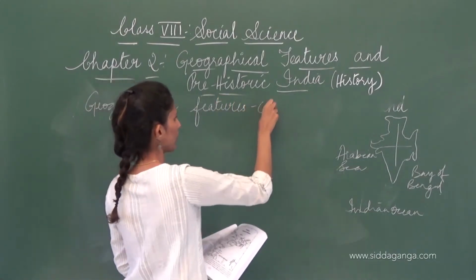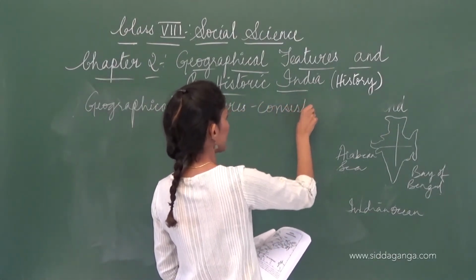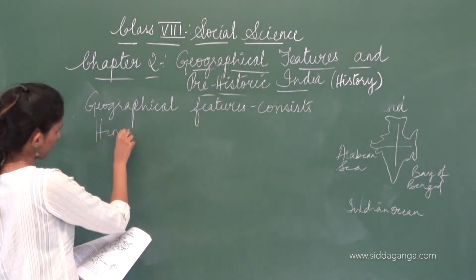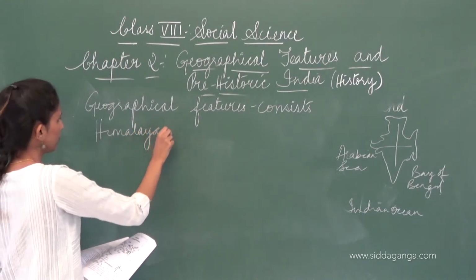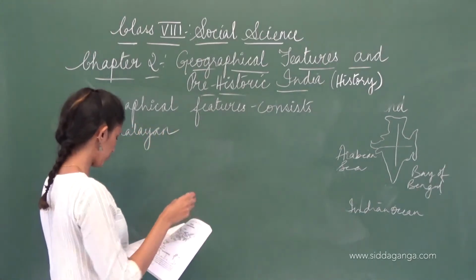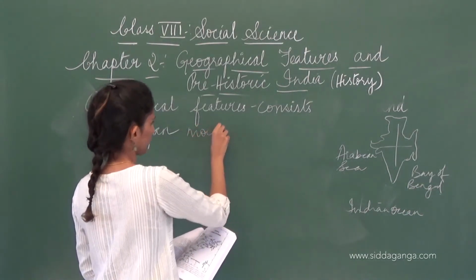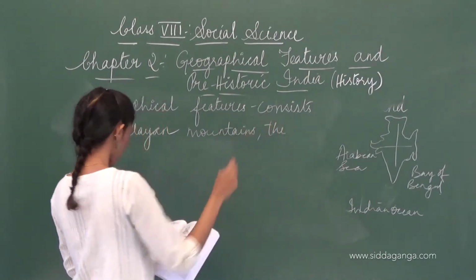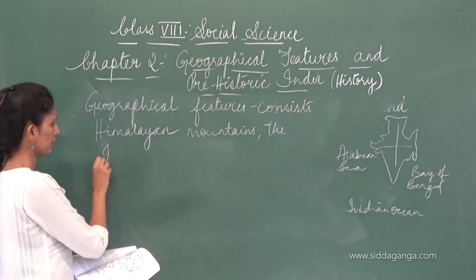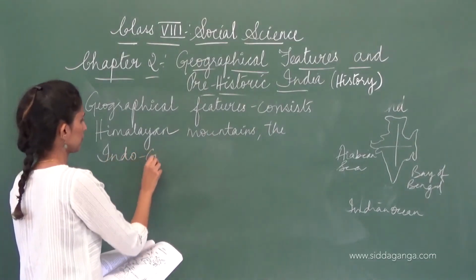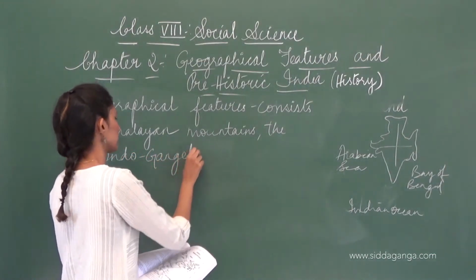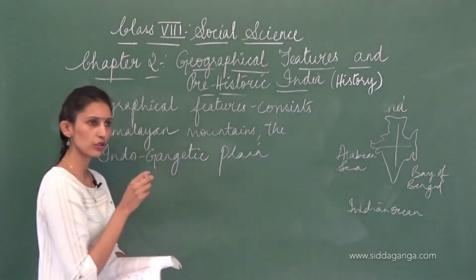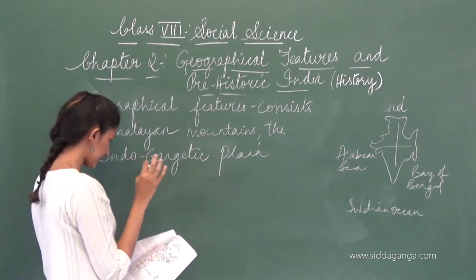It comprises, alright, the Himalayan mountains, the Indo-Gangetic plain, which is also called the Indus-Ganga plain.